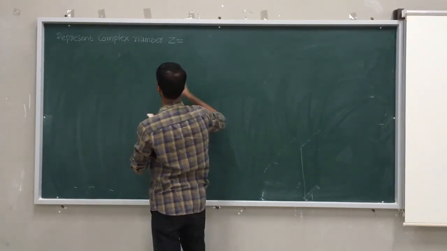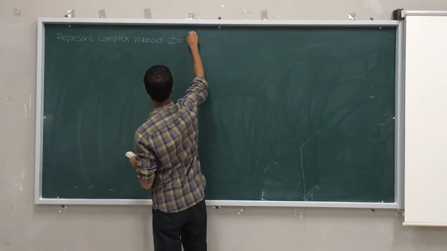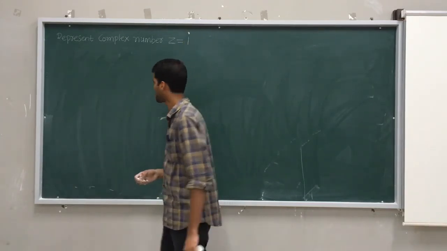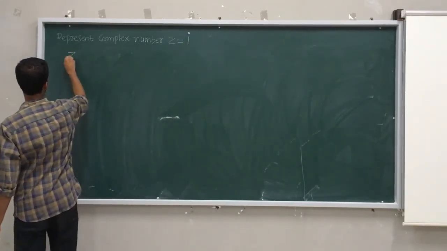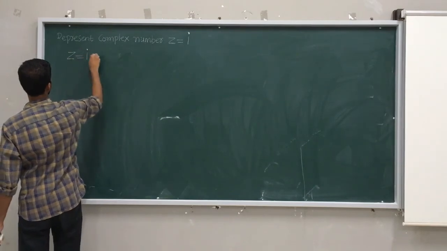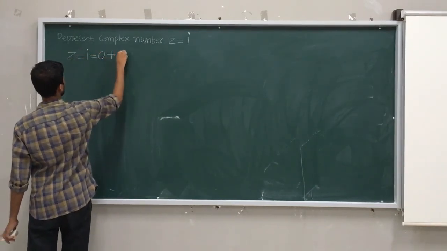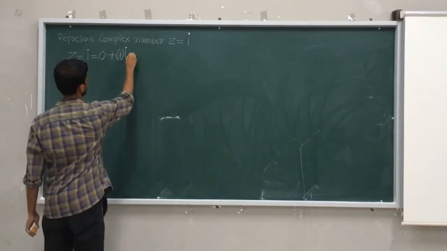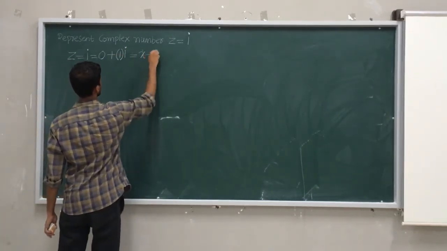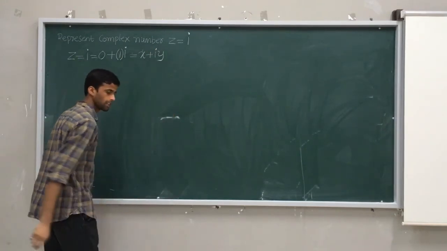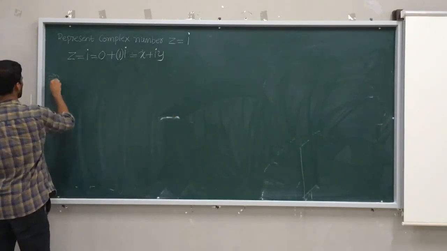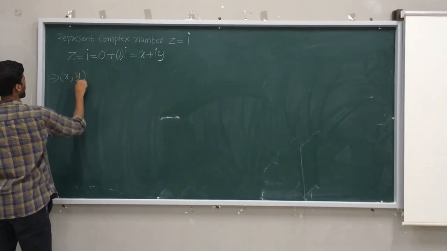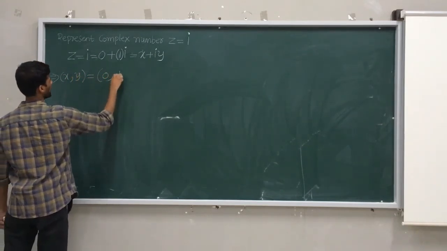The last question I want to tell you: represent the complex number z equal to i in polar form. It is our right to write i as 0 plus 1 into i, yes or no? So I write x plus iy, where x comma y is nothing but 0 comma 1.